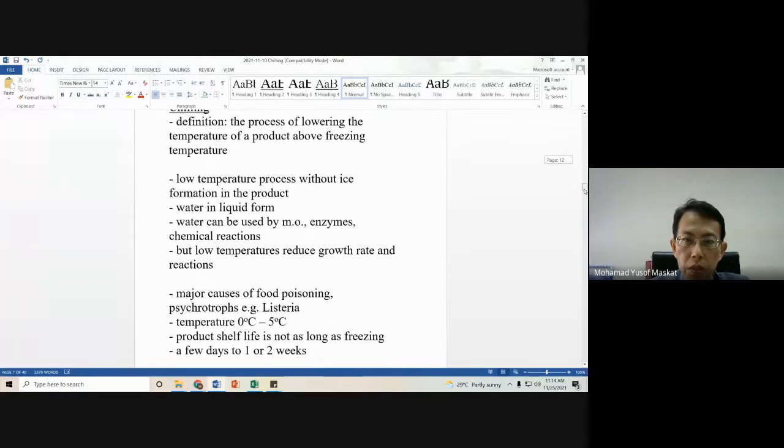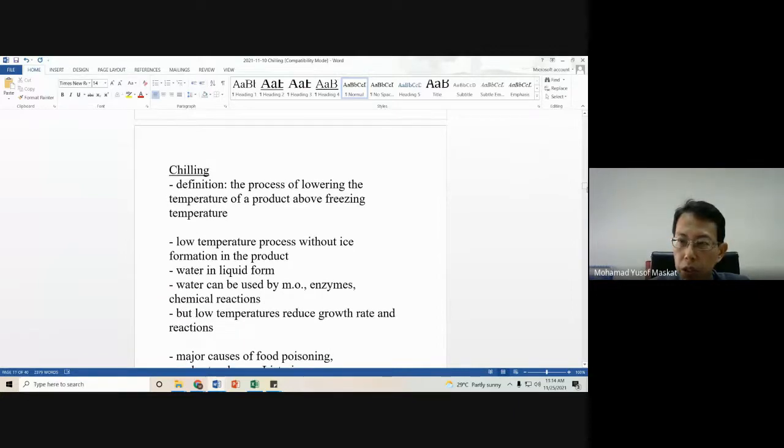And then we started our discussion on chilling. When we talk about low temperature food preservation, it is about chilling, and another approach is freezing. The difference is basically to what extent we lower the temperature.